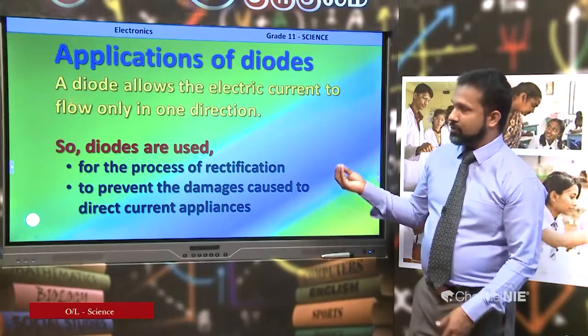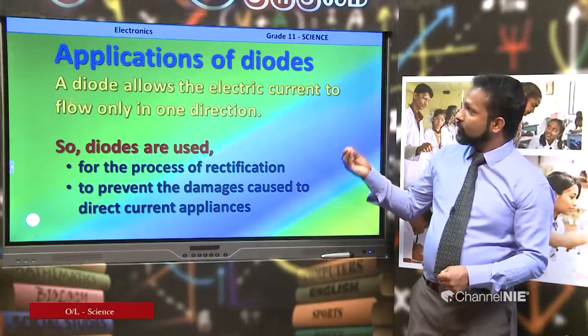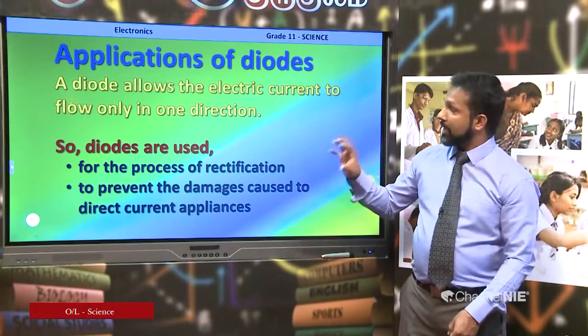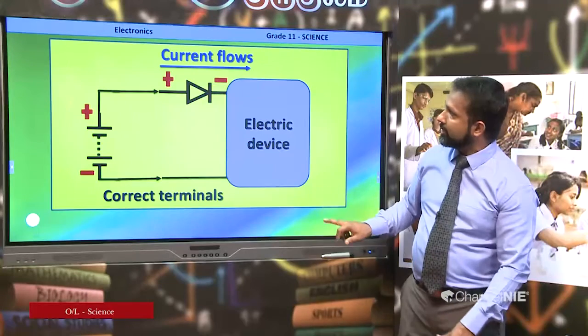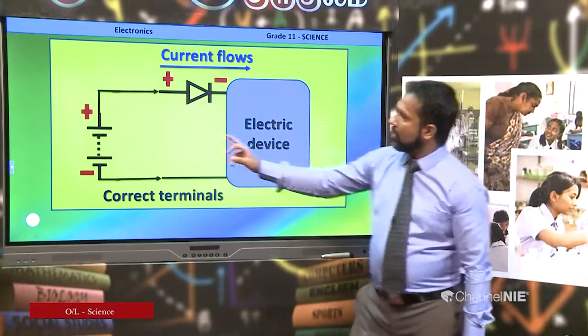Applications of diodes. Where we use diodes, my dear children? A diode allows the electric current to flow only from one direction. So diodes are used for the process of rectification, to prevent the damages caused to the direct current appliances. You can see this is electronic appliance.